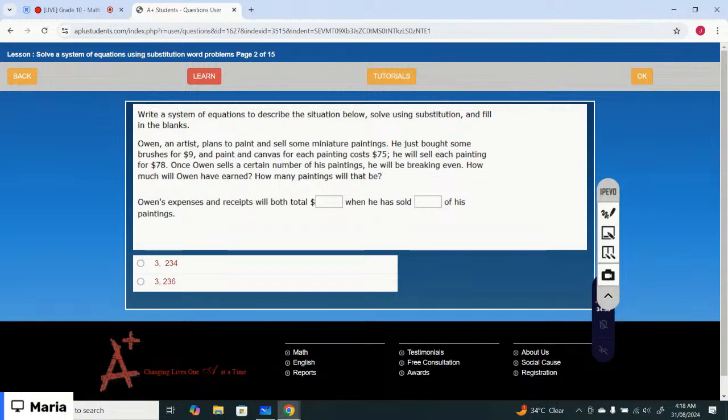He just bought some brushes for $9 and paint and canvas each for $75. He will sell each painting for $78. Once Owen sells a certain number of his paintings, he will break even. How much will Owen have earned? How many paintings will that be?